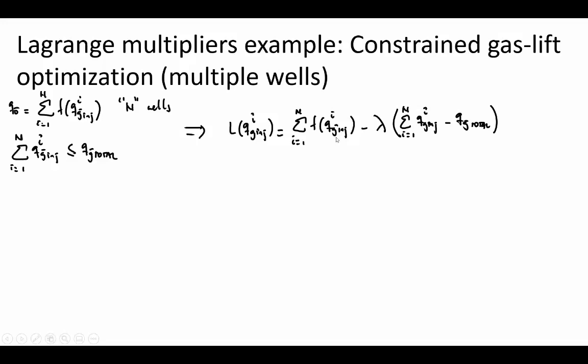It's a series of functions that are completely independent from each other. Okay, they are separable. And here you have also the constraint. Instead of having one number, you have the sum of all these numbers.